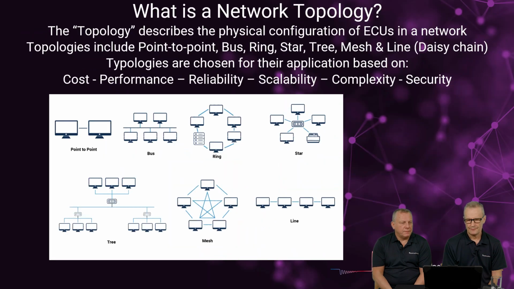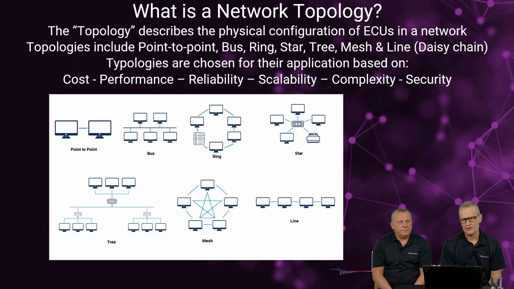So what is network topology? This comes up again and again when you're looking at the circuit and understanding how it's configured from the topology diagram, if the vehicle manufacturer is lucky enough to present you with one. It gives you a clue as to who's online and what order to perhaps diagnose in. What it does is describe the physical construction of ECUs in a network.